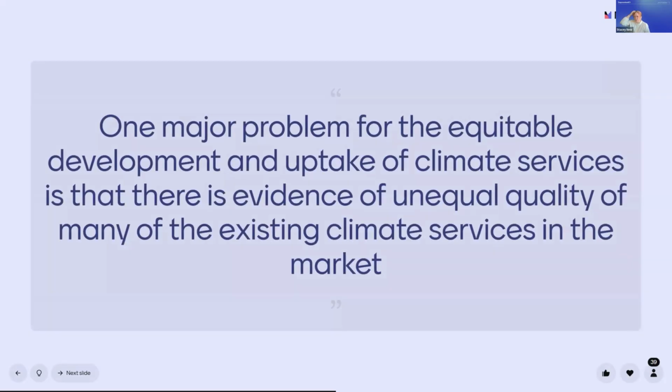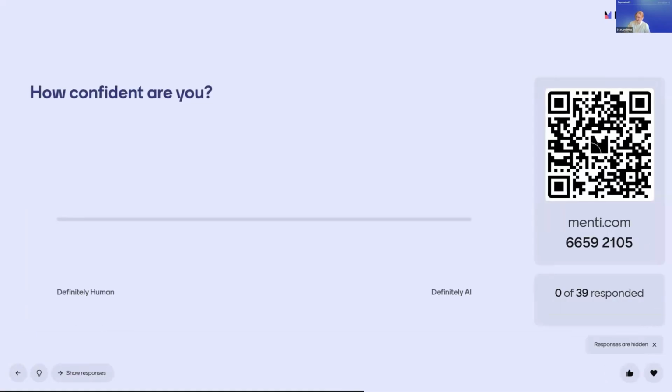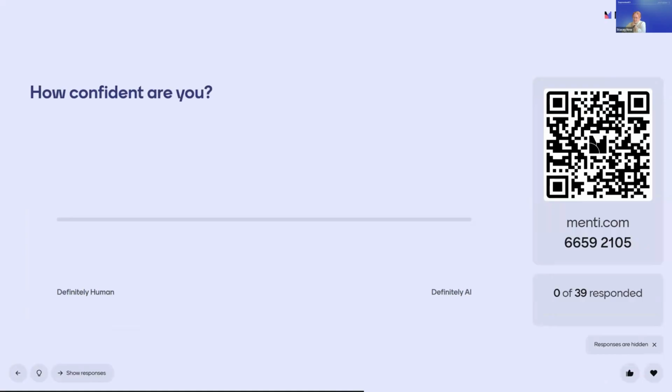Third one: major problem for the equitable development and uptake of climate services is that there is evidence of unequal quality of many of the existing climate services in the market. So again, how confident are you? Is it definitely human, definitely AI?